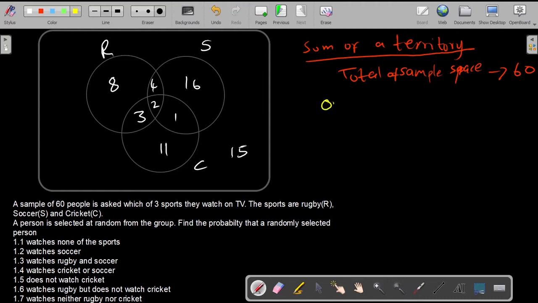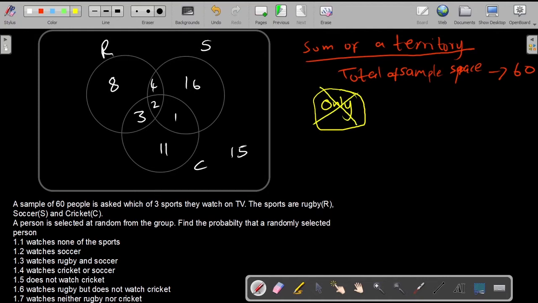So this term is very important. If the question doesn't say only, then even if we have someone who watches rugby and soccer as well as cricket, they basically do watch rugby. Even though the other sports are included in that definition, if the term only is not there, then we'd include that.